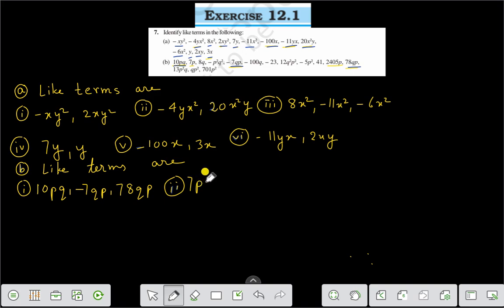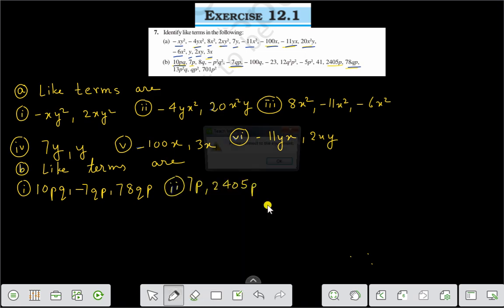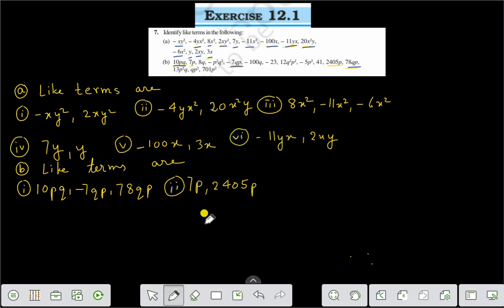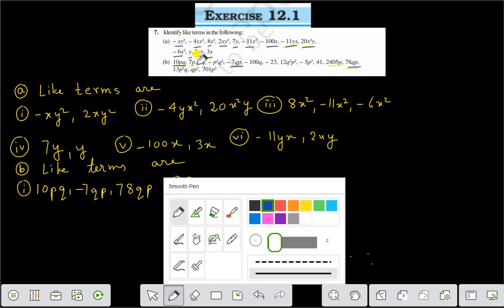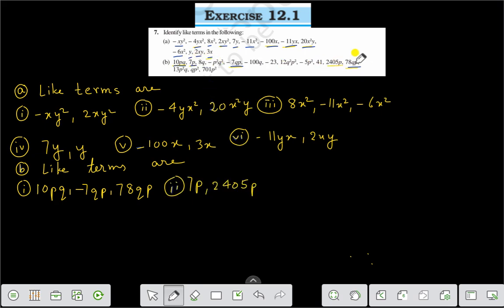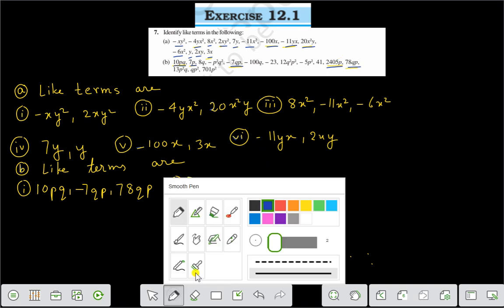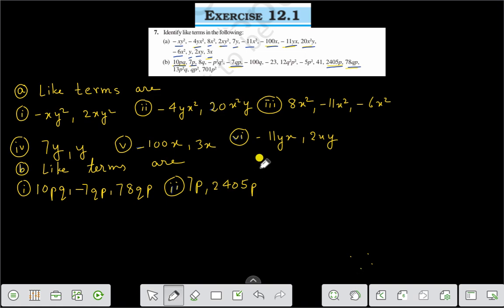That means 7p and 24240.5p. These are like terms. If you underline the terms, then this is 7p, this is 7p, and this one is 202405p, right?